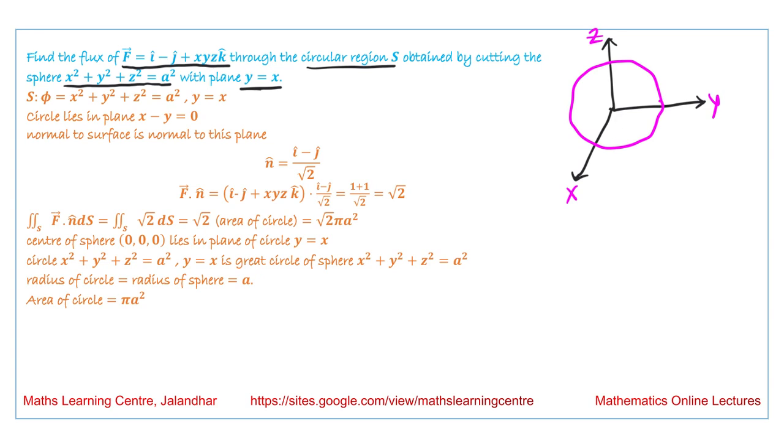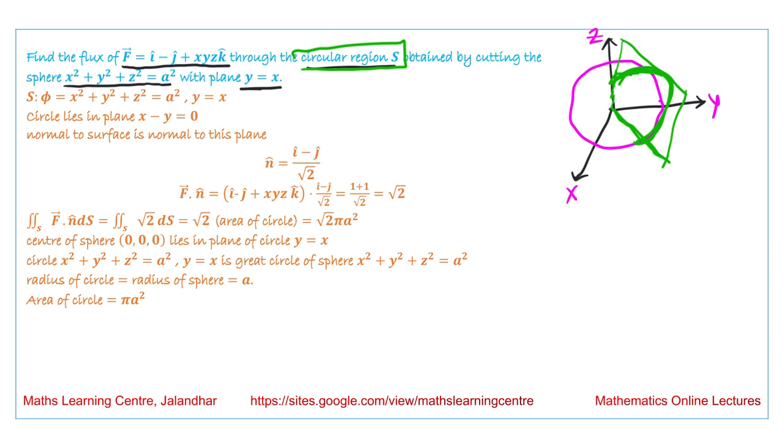We have a line y equal to x in the xy plane. Then there is a plane intersecting the sphere, and the circular region S is the circle on this plane obtained by intersecting with the sphere.